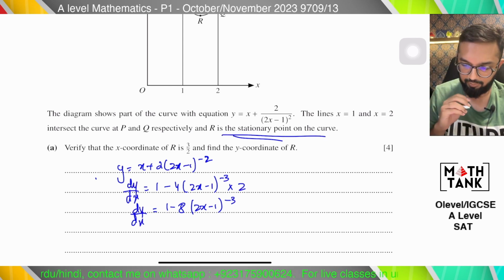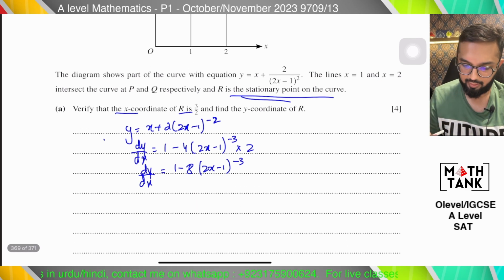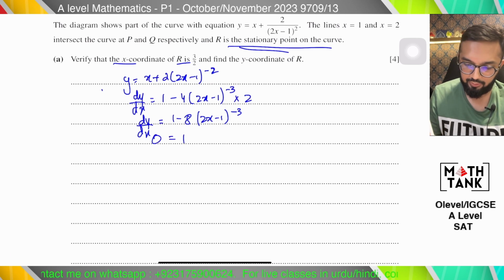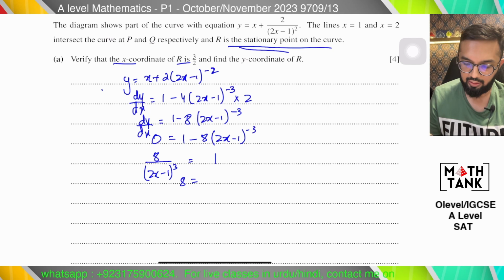And R is the stationary point on the curve. Okay, verify that the x coordinate of R is 3 over 2. So equating this to 0, moving this to one side and taking power in the negative. So 8 equals (2x minus 1) cubed.